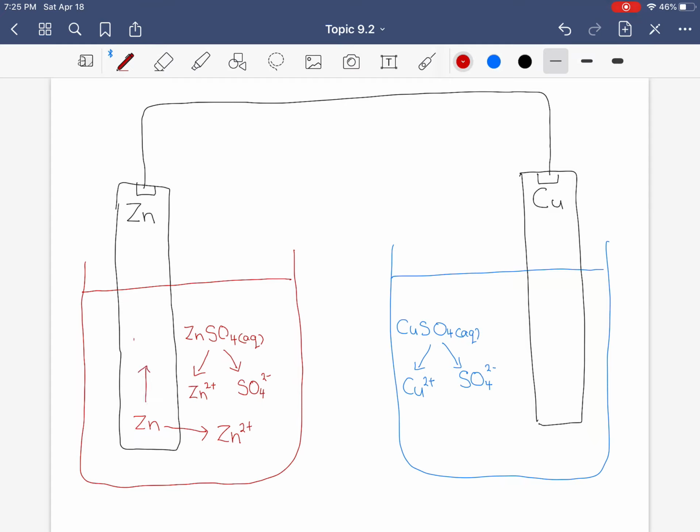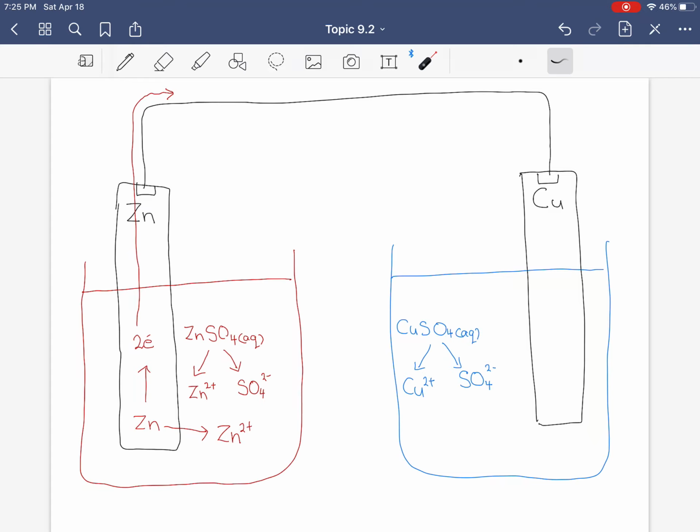The 2 electrons will actually go through this wire. So the zinc metal here leached out to become zinc 2 plus, and the 2 electrons will go through this wire.